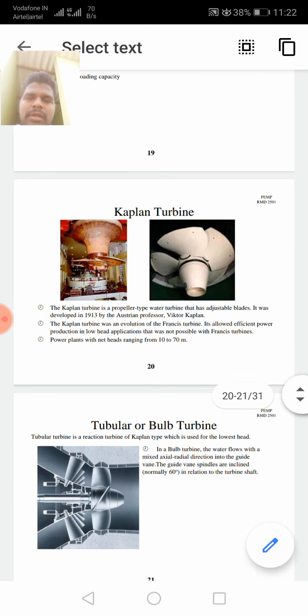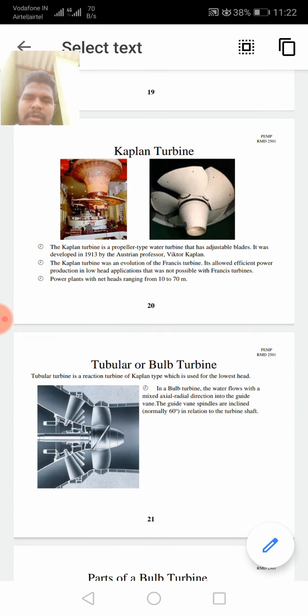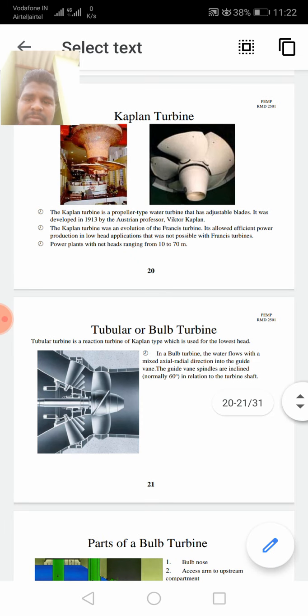Next one, Kaplan turbine. We can see the Kaplan turbine in this image. The Kaplan turbine is a propeller type water turbine with adjustable blades. It was developed in 1913 by the Austrian professor Victor Kaplan. The Kaplan turbine was an evolution of the Francis turbine.